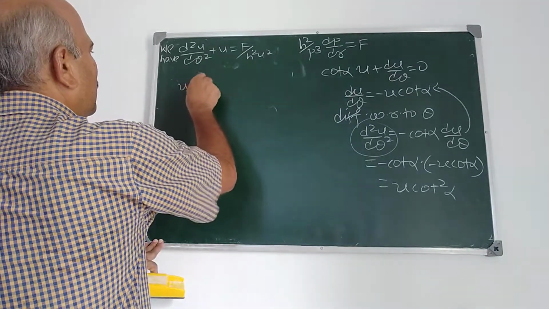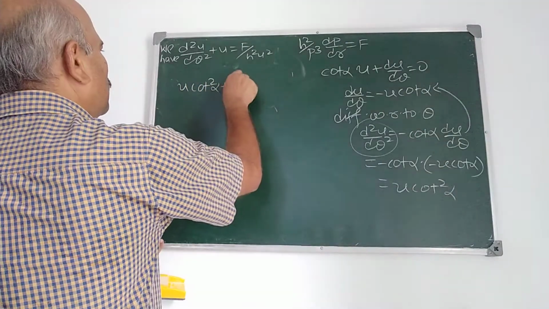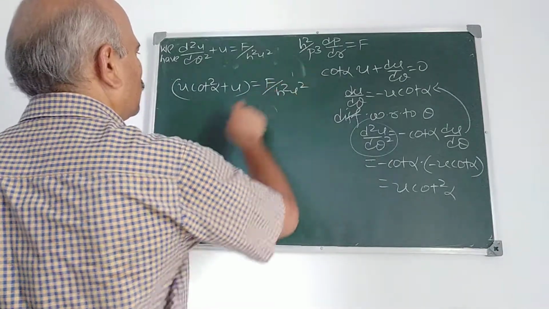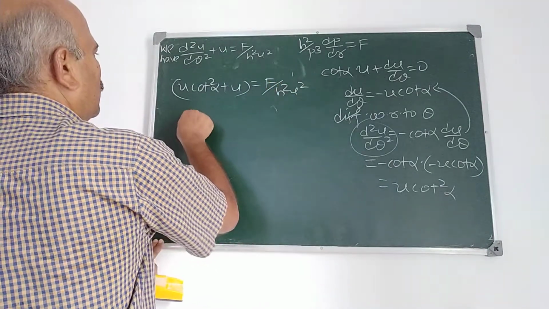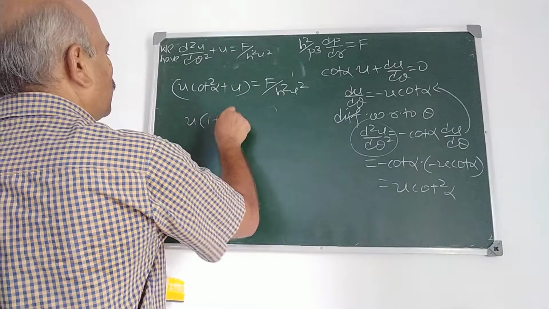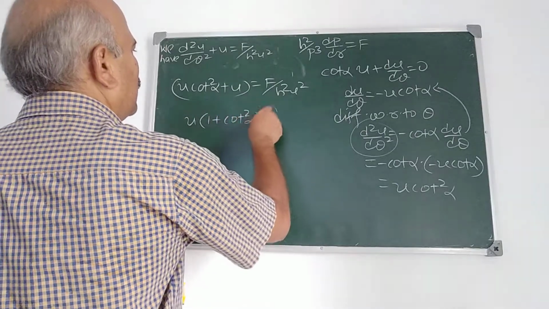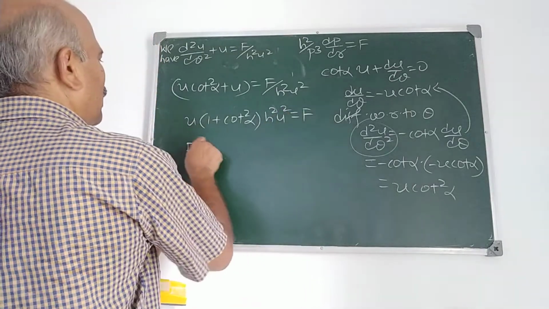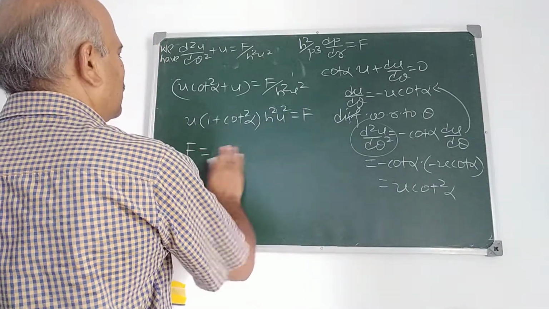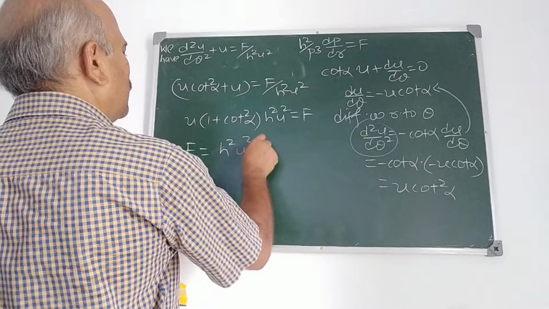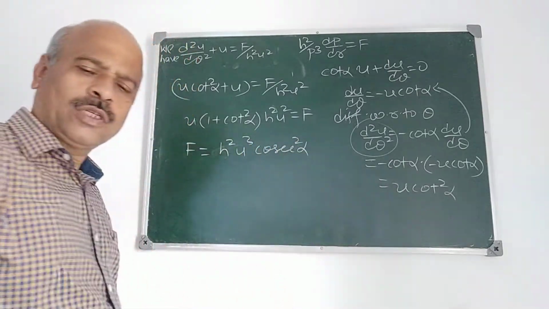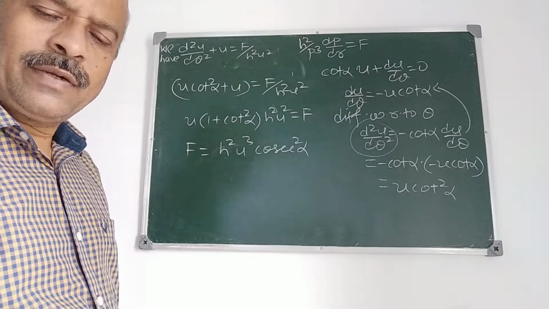What you get? u cot square alpha plus u is equal to f by h square u square. Therefore, u into 1 plus cot square alpha into h square u square is equal to f. So f is h square u cube into cosec square alpha, since 1 plus cot square is cosec square.